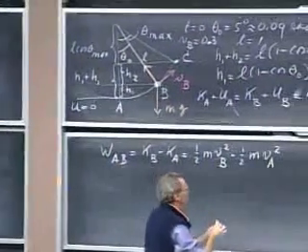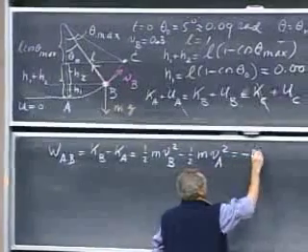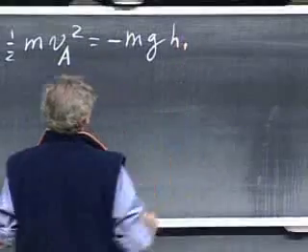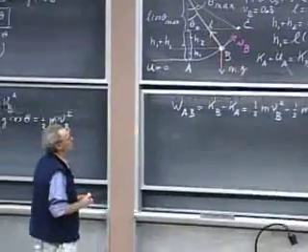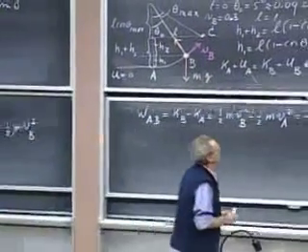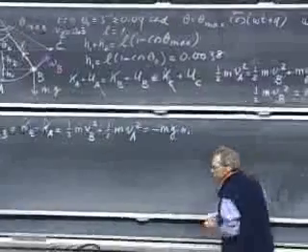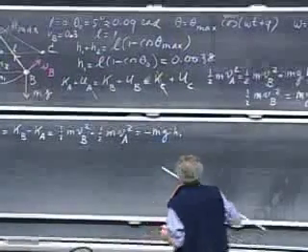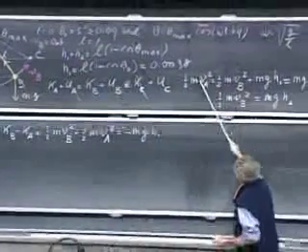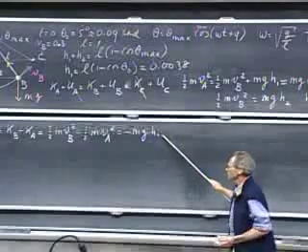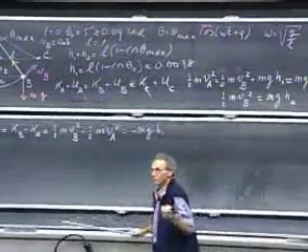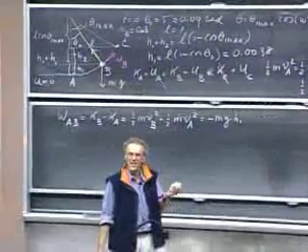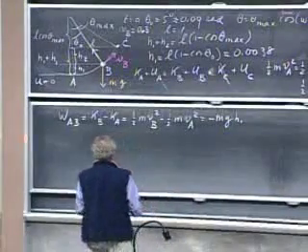Object goes up, does negative work, equals minus mgh1. Now look at that equation. And look, if you want to, compare this one with this one. Completely identical. So the work-energy theorem is, of course, in a way the same as the conservation of mechanical energy.